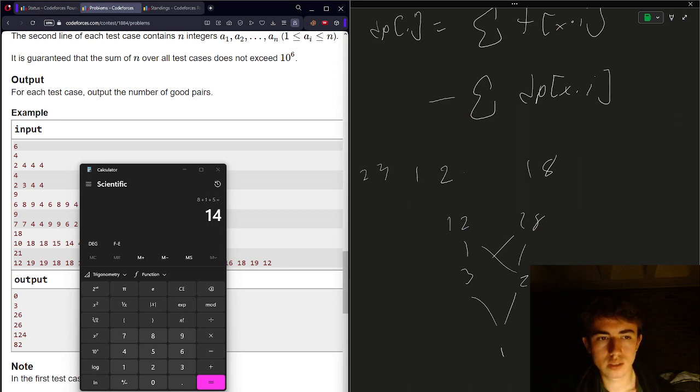Well, oh. Now 1 is not in the set, but these ones are.